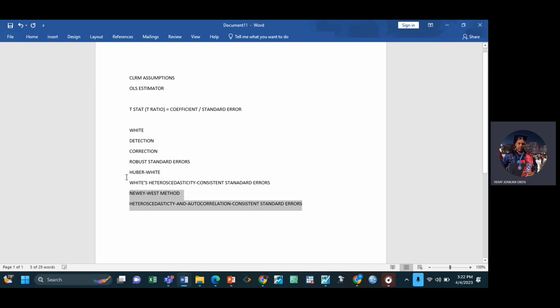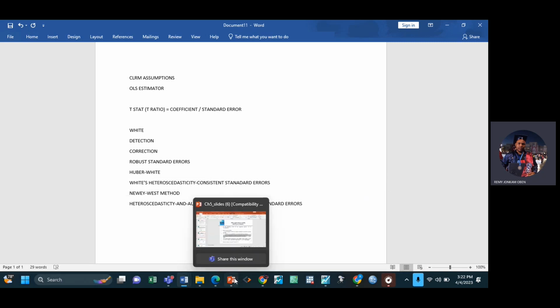Huber-White is just heteroskedasticity consistent standard errors. So this Newey's method is trying to solve both heteroskedasticity and autocorrelation problems at once, right? So if you are faced with both problems, you can use this method. But with the Huber-White method, it's solving just the heteroskedasticity problem alone. From last semester, you know these things anyway.